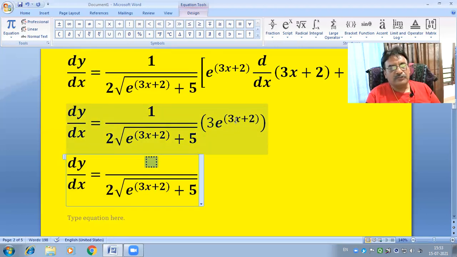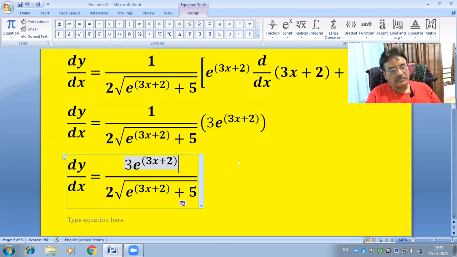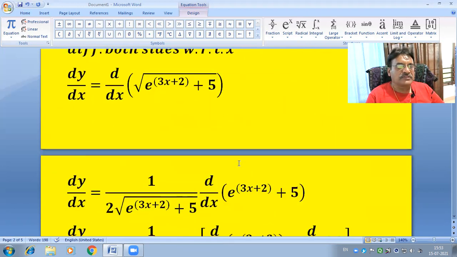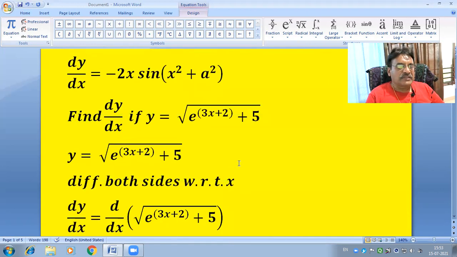So we get 3 e to the power 3x plus 2. And this is the required derivative of the function given in the problem, and the function is y equals square root of e to the power 3x plus 2 plus 5. In this way, we solve the second problem from the board book, exercise 1.1 on page number 12.